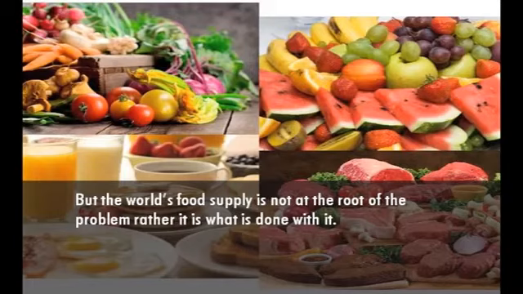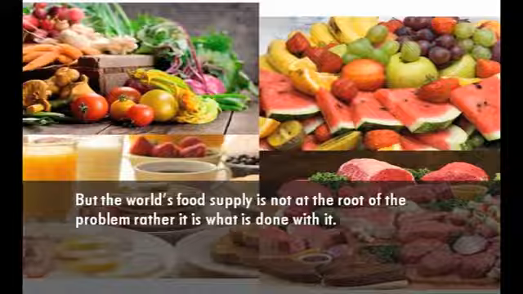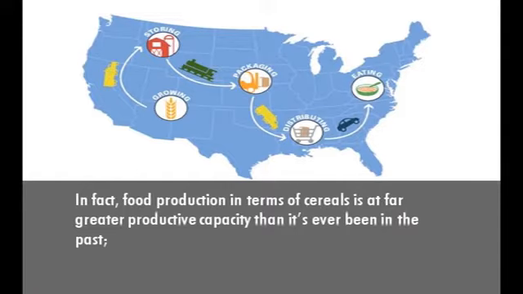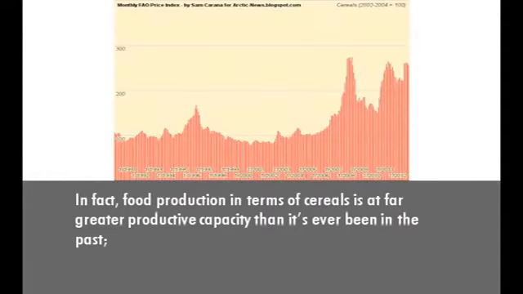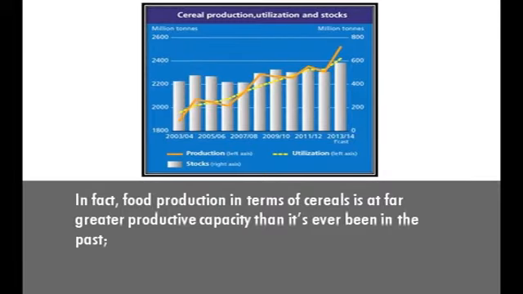But the world's food supply is not at the root of the problem, rather, it is what is done with it. In fact, food production in terms of cereals is at far greater productive capacity than it's ever been in the past. See also FAO Cereal Supply and Demand Brief.